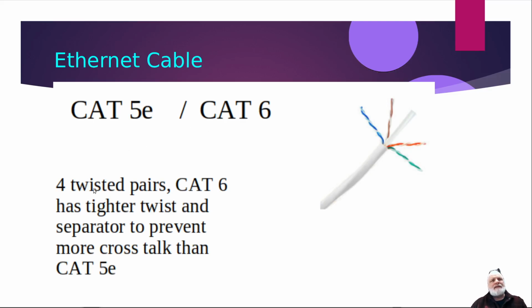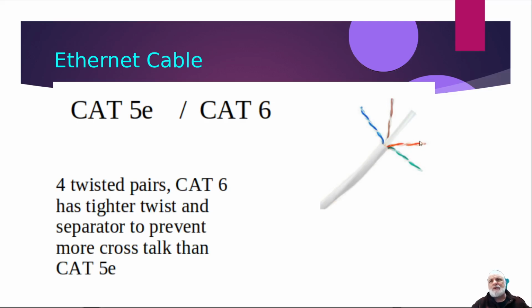Either one of these, when you look at them, is actually made up of 4 pairs of wires. So if you look over here, we have blue and blue-white, brown and brown-white, orange and orange-white, and green and green-white. These are pairs. One of these would be a transmit.